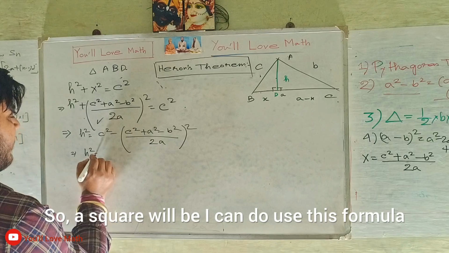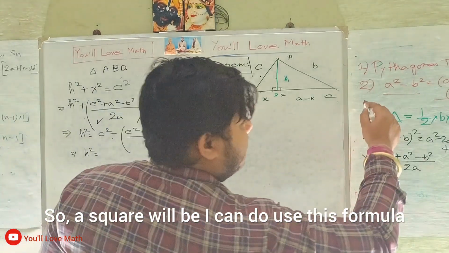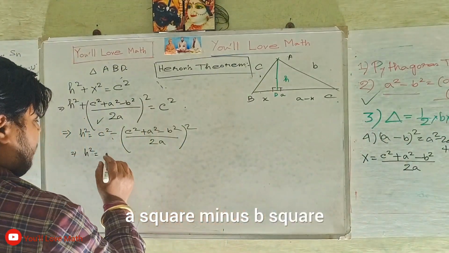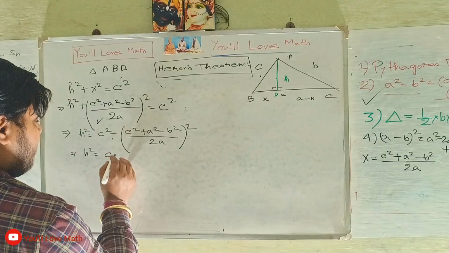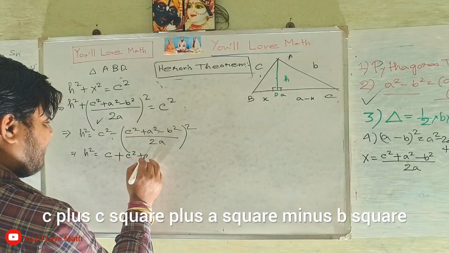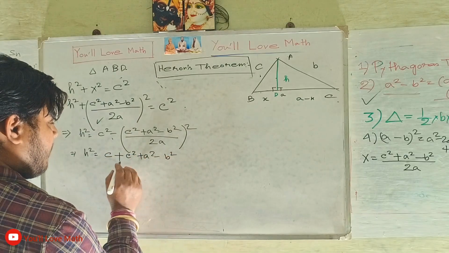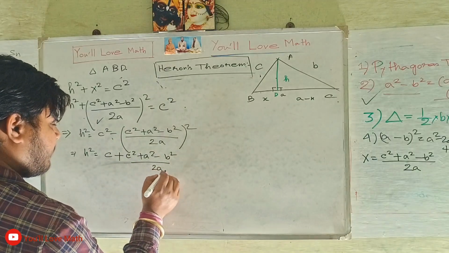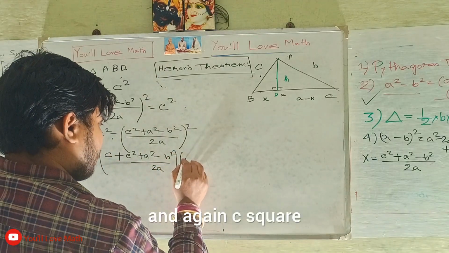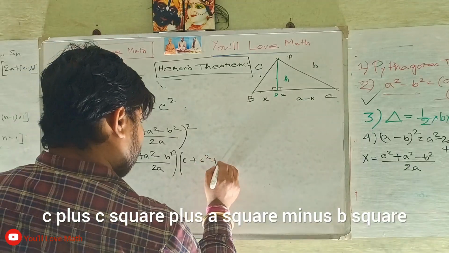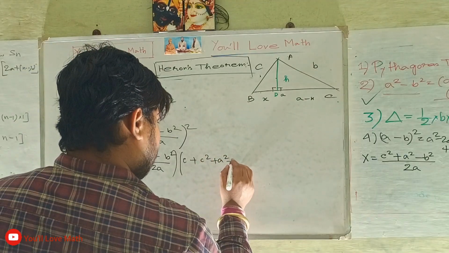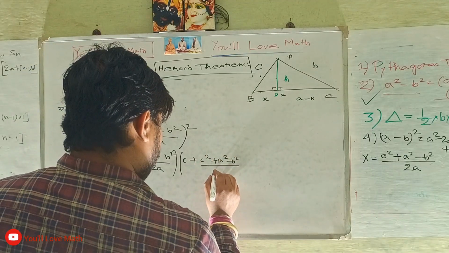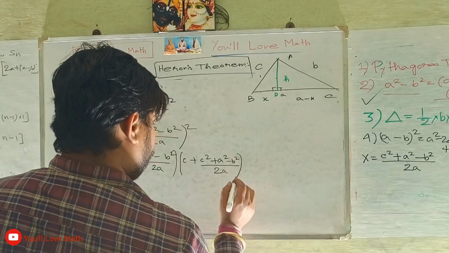So A square will be, I can use this formula, A square minus B square. So it will be C plus (C square plus A square minus B square) by 2A, and again C minus (C square plus A square minus B square) by 2A.